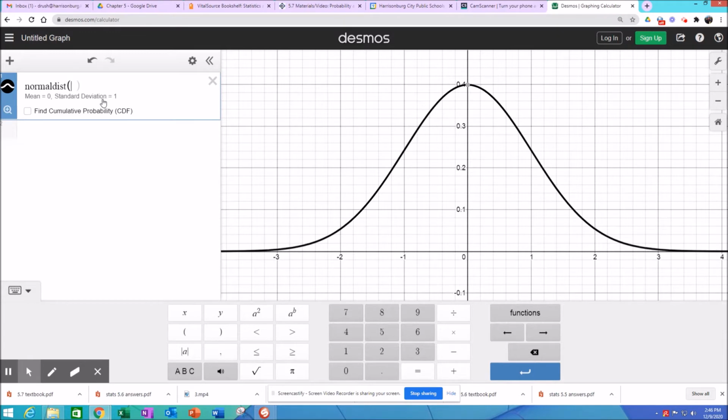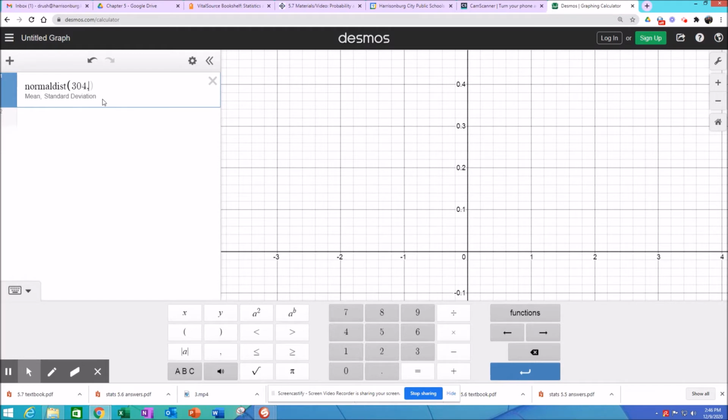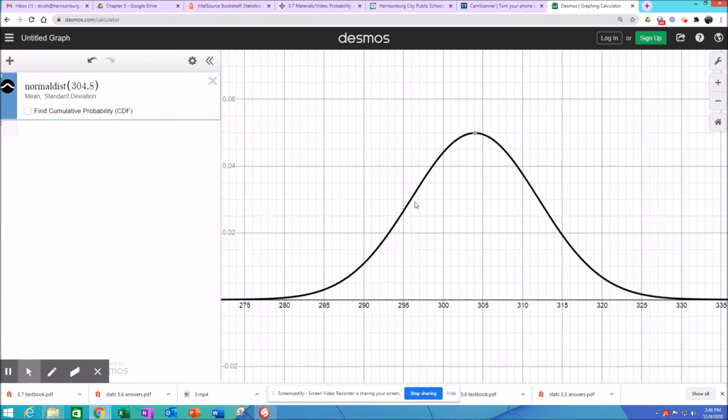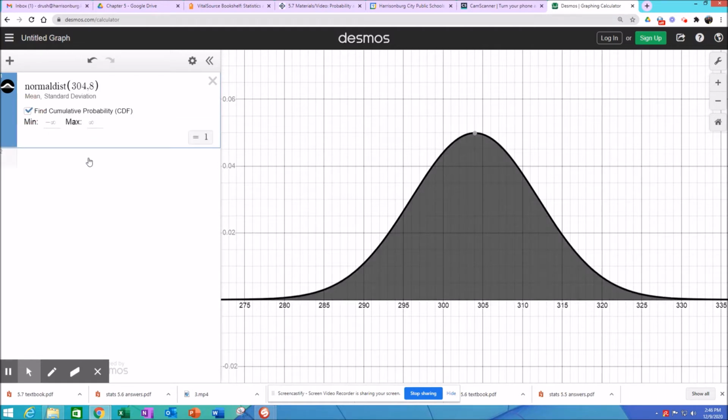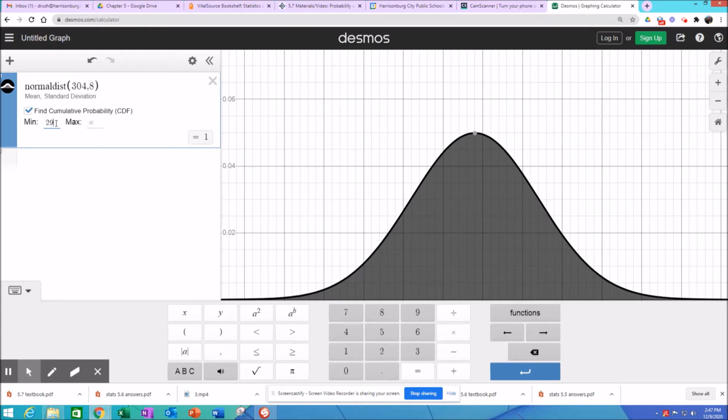So the mean is 304 yards, comma, and the standard deviation is 8 yards. Now if I hit this zoom fit, we get a bit of this graph here. We have our mean here at 304 and the standard deviation stuff here. Now we want to know the probability that it's greater than 290, so from 290 through infinity. That's your 0.96.